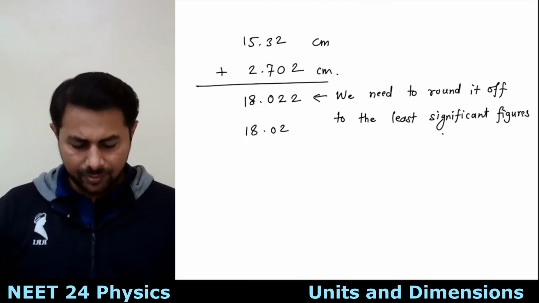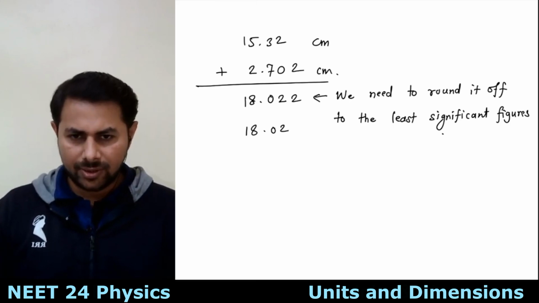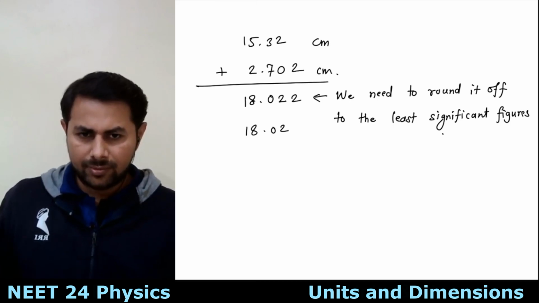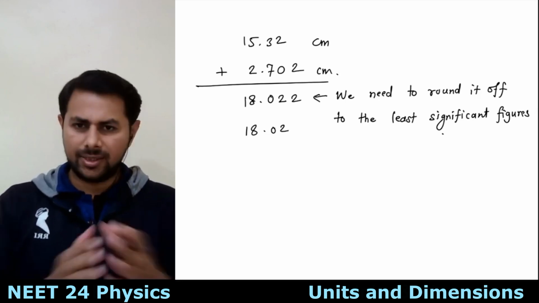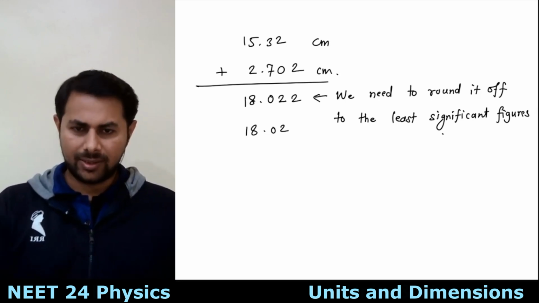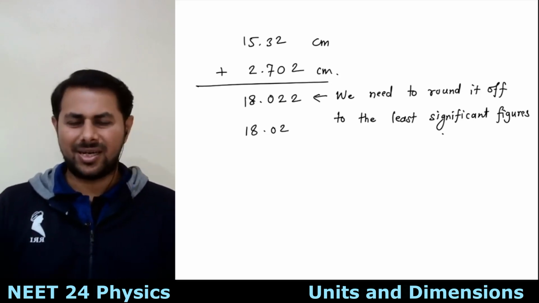In 40.00 there will be 4 significant figures, because these trailing zeros are important, right? And the zeros in between any two significant digits are also important.